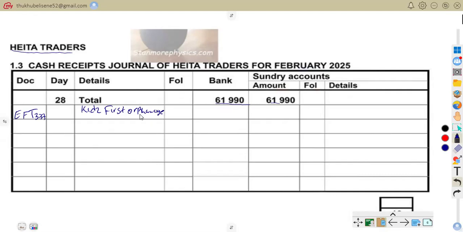The amount is now coming back to our cash receipts journal. We have to put it in the bank, 5,250. Under sundry amount, we're going to write 5,250. It was for donations to the orphanages. So this was cancelled, and now we add it back under the receipts. Hope we are together on that.